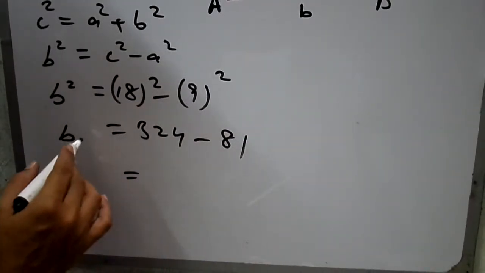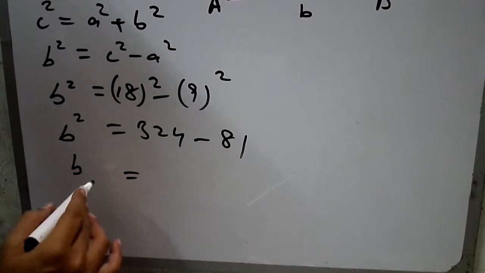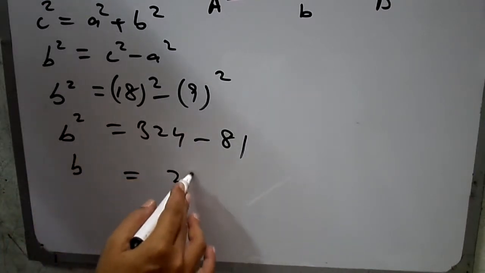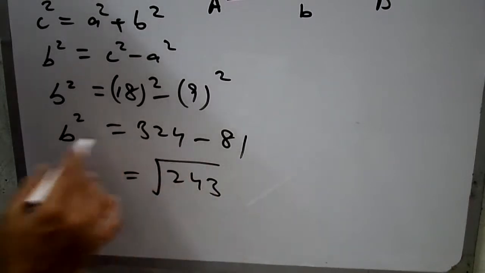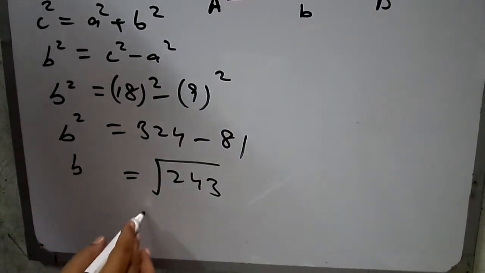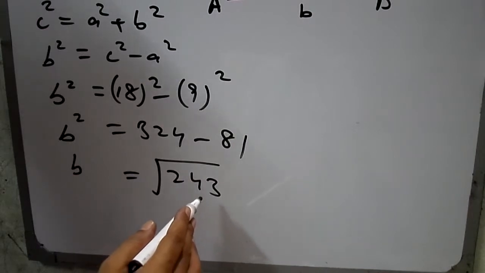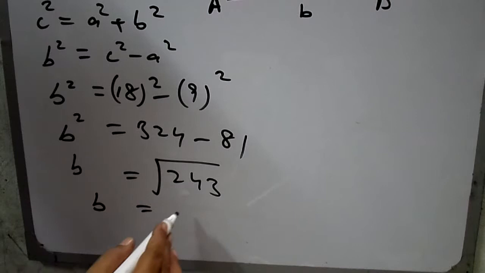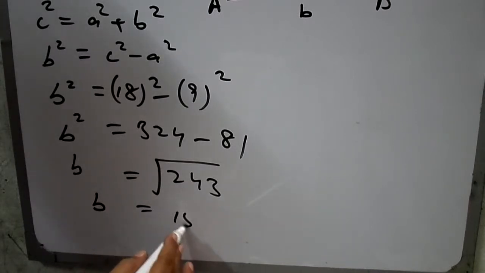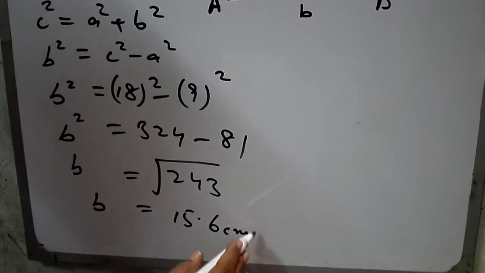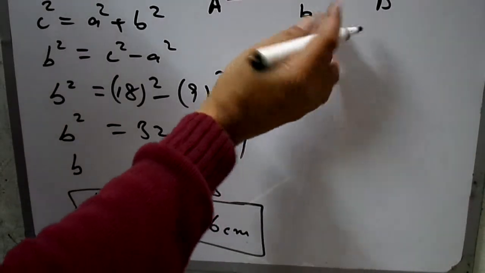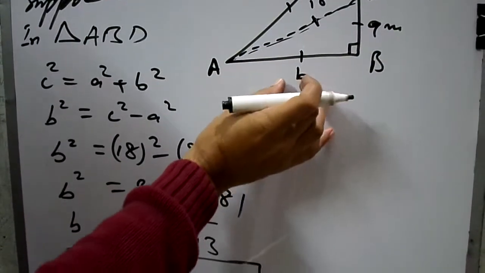So you need the value of B. Subtract it, you will get 243, under root also, because you need the value. So the value of B, by using calculator, root 243 gives 15.6 centimeter. So you have found the value of B.